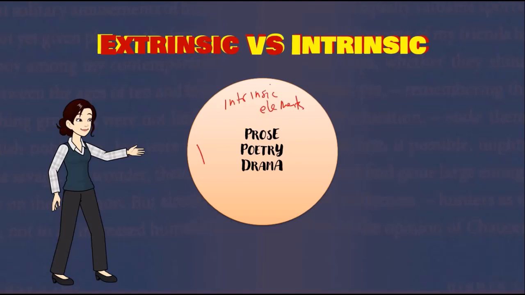For example, the plot, and then the conflict, and then what else you have? You have the rhyme, and then the imagery, and then the dialogue. So these are the intrinsic elements, while anything outside the circle is called the extrinsic elements.